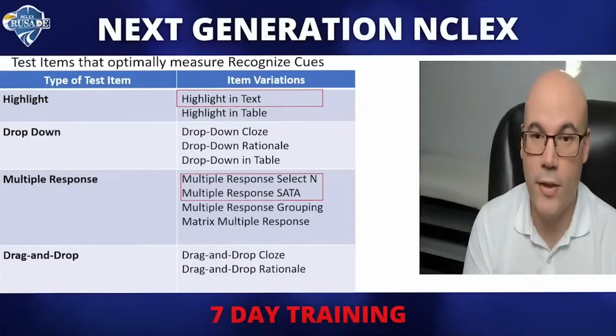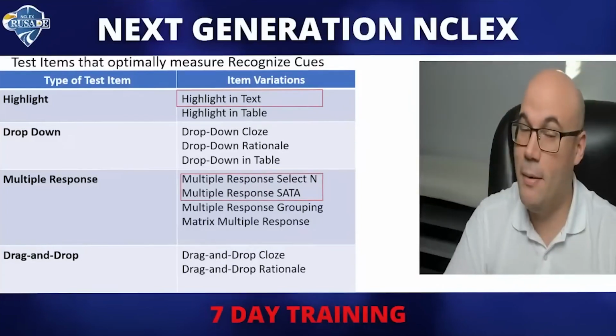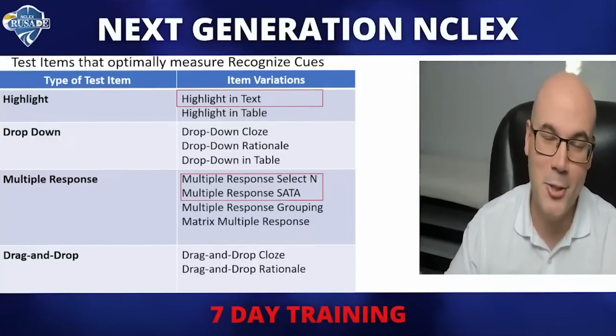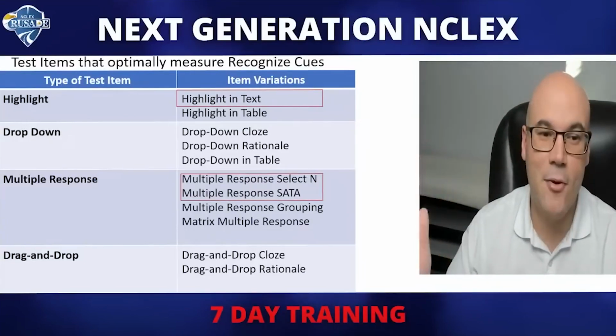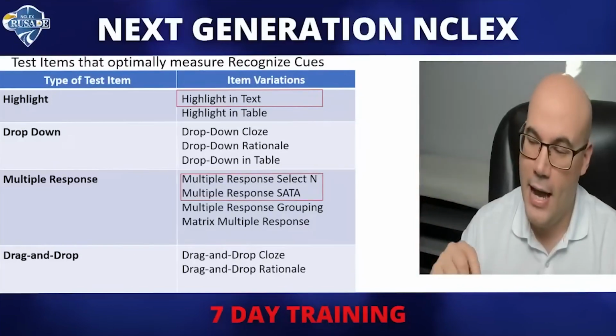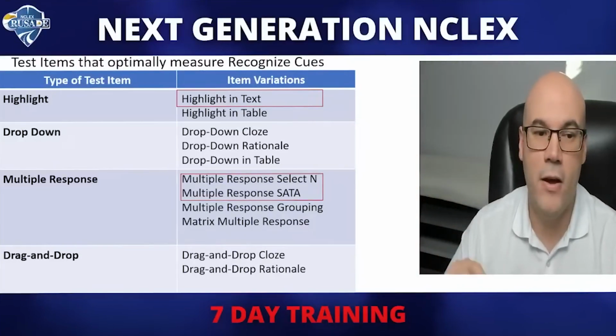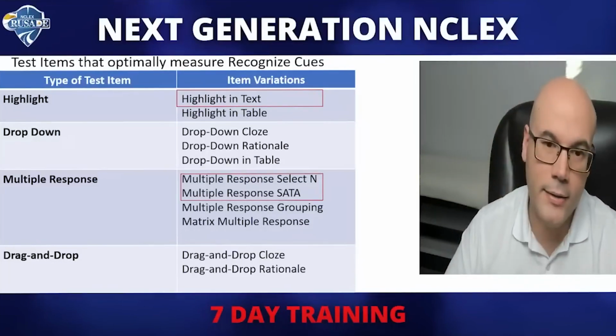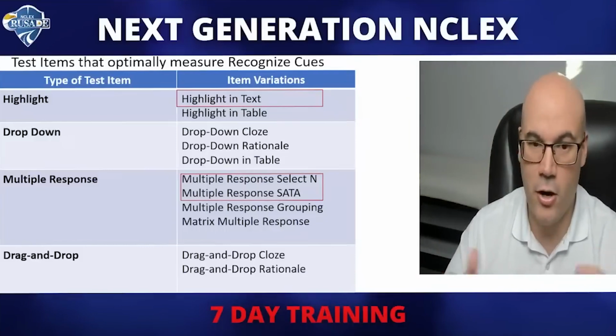Whereas with select all that apply now, you don't get partial credit. It's all or nothing. But thanks to God, our Next Generation NCLEX will have that benefit, and you will receive partial credit for answers that are correct and answers that are incorrect.